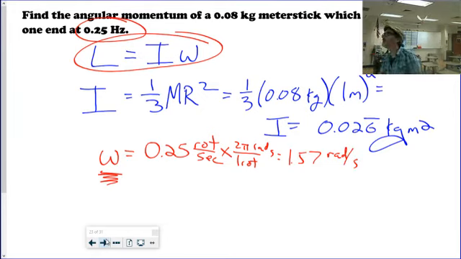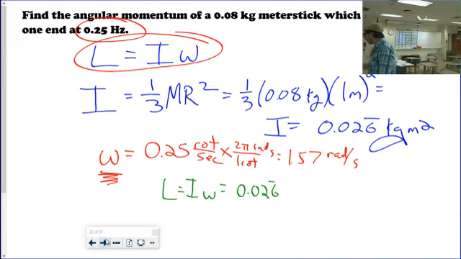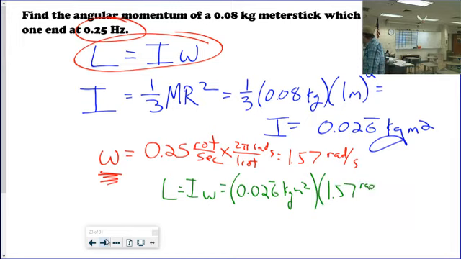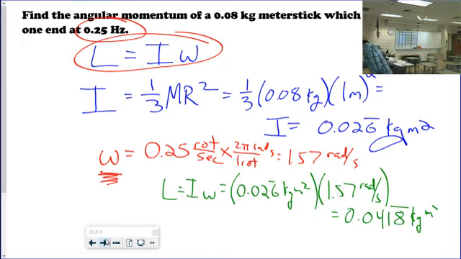So now we can find our angular momentum. L equals I omega. Our rotational inertia is 0.026 repeating kilogram meters squared. Our omega is 1.57 radians per second. No squared, sorry, my bad. Multiply it out, and it gives you 0.0418 kilogram meters squared per second.